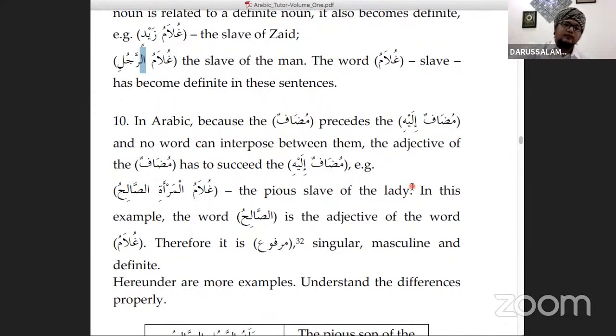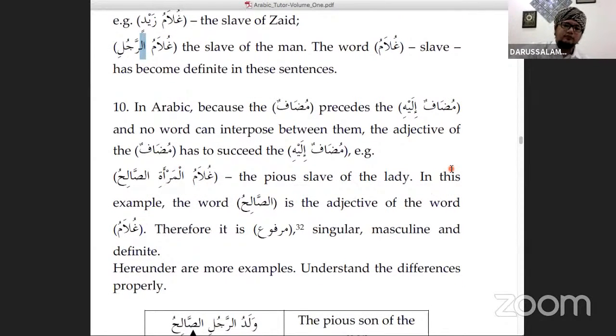In Arabic, because the mudaf precedes the mudaf ilayh and no word can interpose between them, the adjective for the mudaf has to succeed the mudaf ilayh. So, what it's saying here, if you have an adjective, sifat of ghulam, for example salih. See, salih is the sifat for ghulam.